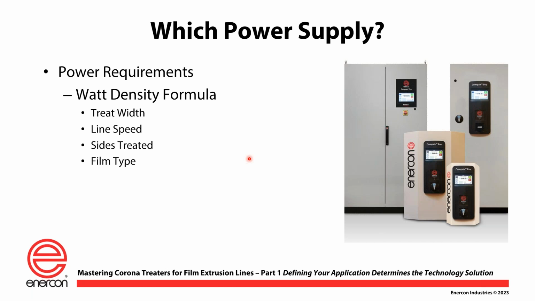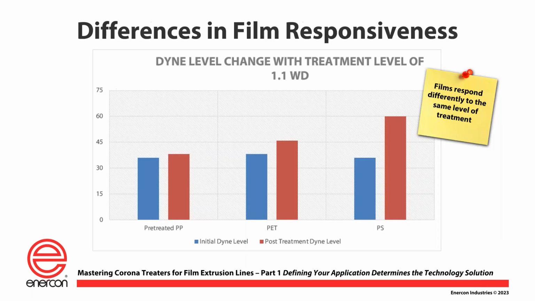The size of the treater comes from there, the size of the treater roll comes from there. Everything is driven off that decision. And so you might say, well, how does this play out actually? What's a real example of this? And Mark, going to the next slide, we show it here.